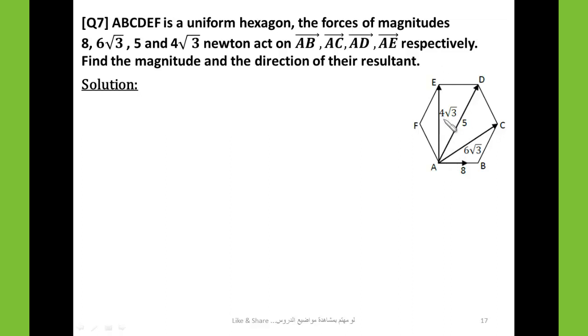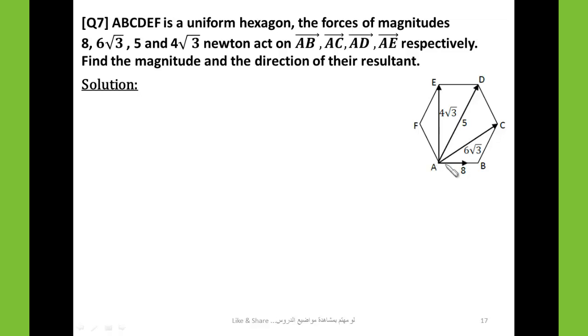We know that when you factorize 4 root 3, it will be 4 root 3 cosine 90, because the measure of the angle between AE and AB equals 90 degrees. 30 plus 30 plus 30 equals 90. The component of the force 4 root 3 in the direction of AE is 4 root 3 sine 90.